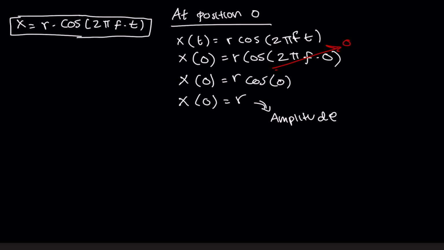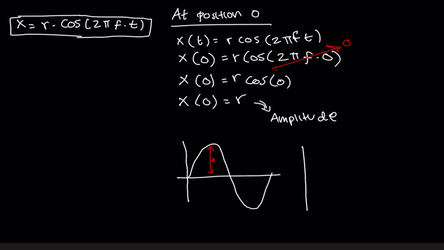This is because when you draw a simple harmonic motion graph, and you notice this is the amplitude, it actually has the same definition as the r, because if we were to move this part here, it would equal a circle.